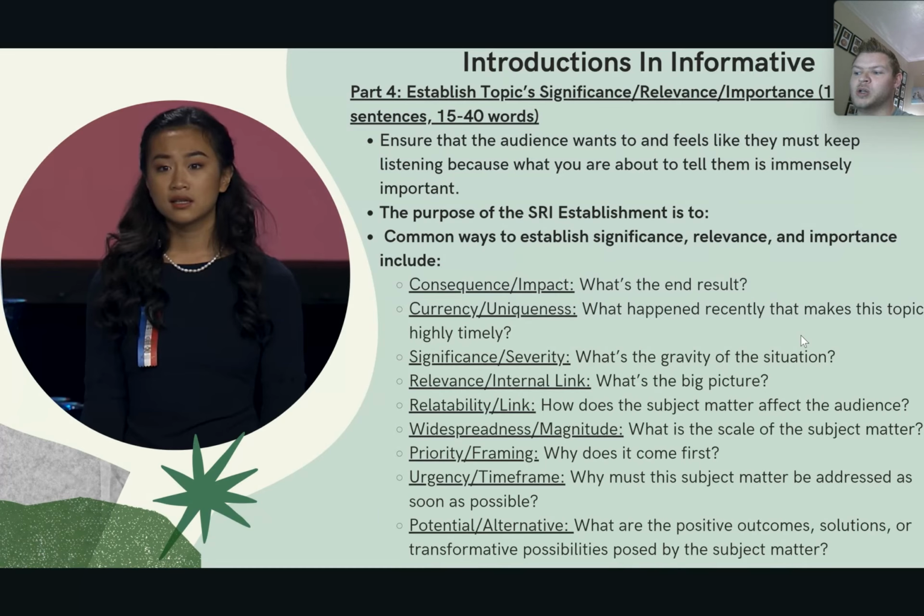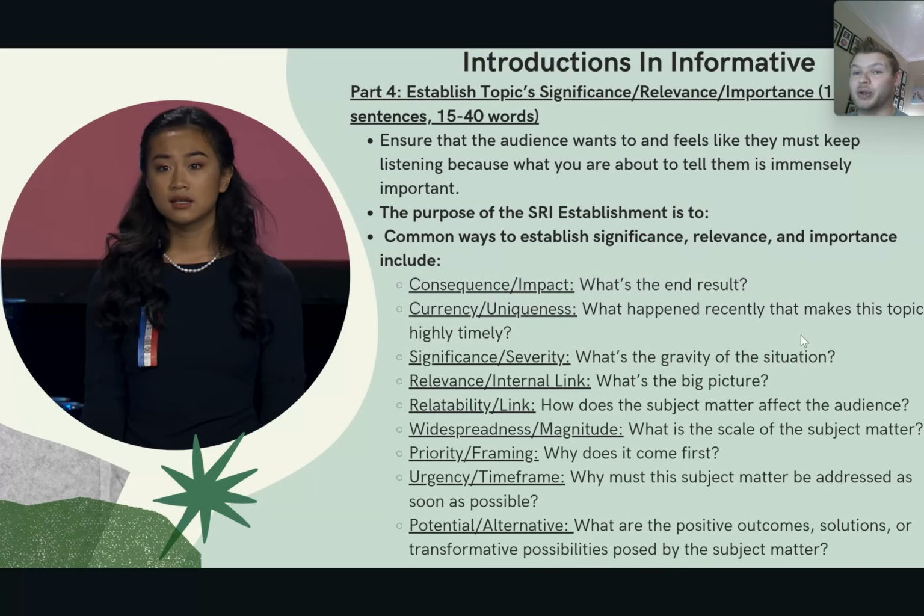How big of a deal or seriously or strongly is the subject matter impacting people or influencing society or the world? What is the gravity of the situation? Then you have relevance or the internal link. What broader societal issues does this subject matter also relate to or contribute to or cause or explain? What's the big picture here?